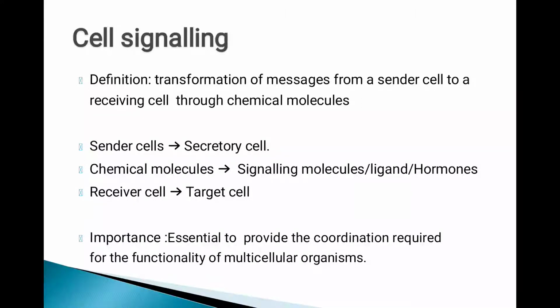The sender cell is called the secretory cell and the receiver cell is called the target cell. The messages are conveyed through a special kind of chemical molecules called signaling molecules or ligands, also called hormones. The importance of cell signaling is to provide the coordination required for the functionality of multicellular organisms.